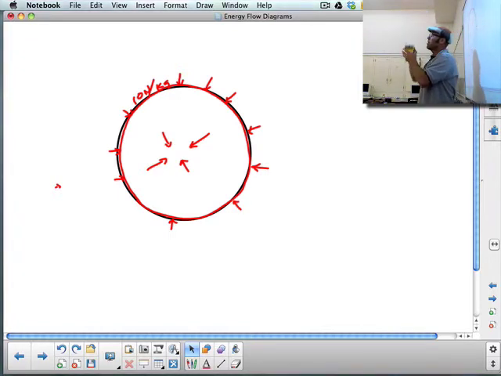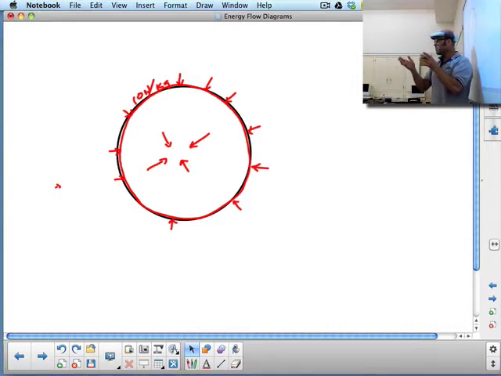Not just the object. If I had just this object alone without a gravity field, would it be so scary? So this system has to include my object and the gravity field it's in, or it's not scary. It's not storing energy. You with me?